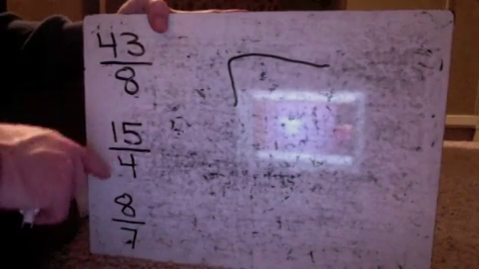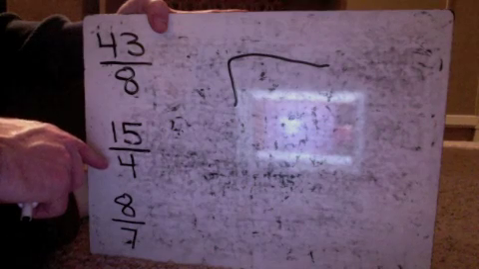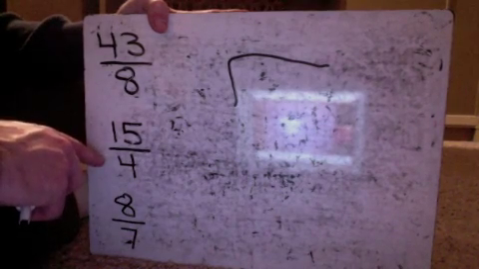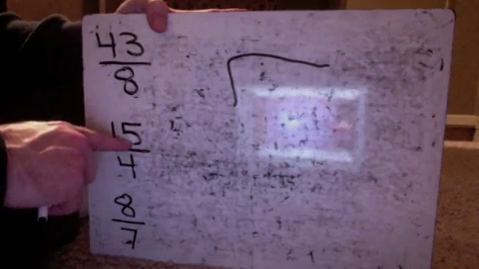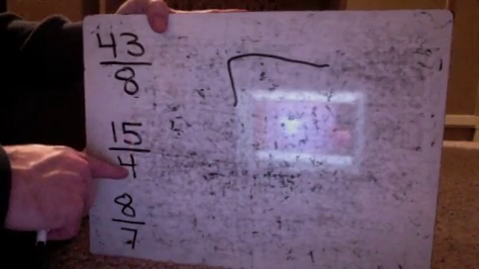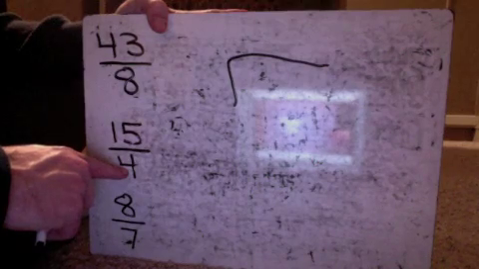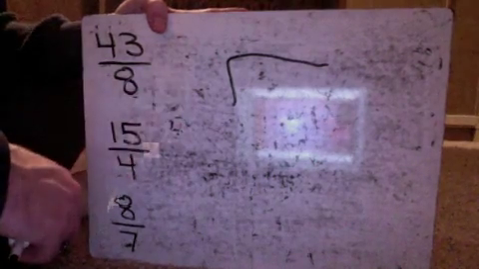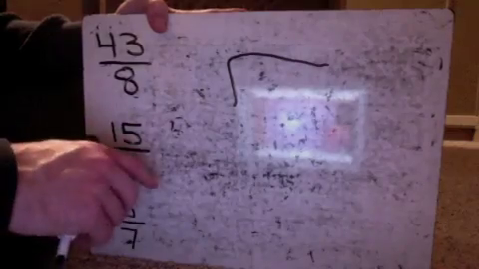So I know this has to be more than 300%, but it's going to be less than 400% because 16/4 is the same thing as 4 wholes, which is 400%. So my answer is going to be between 300 and 400%.